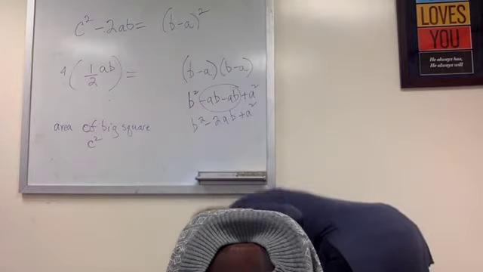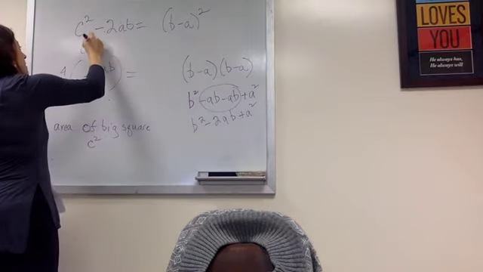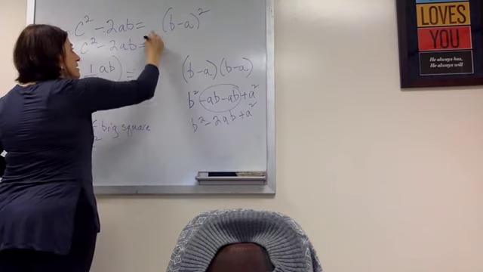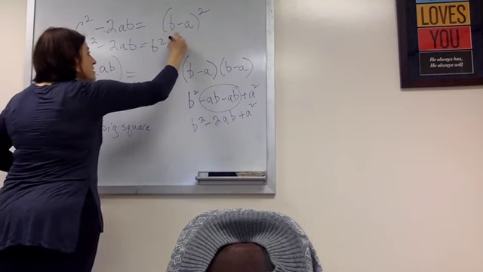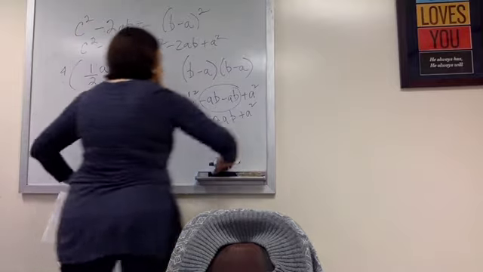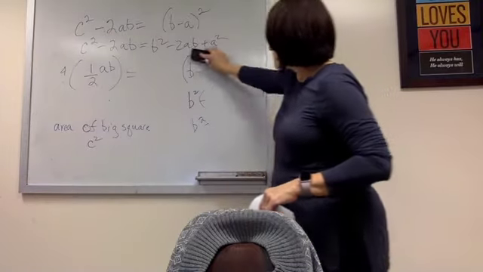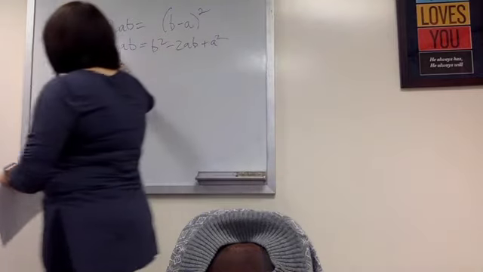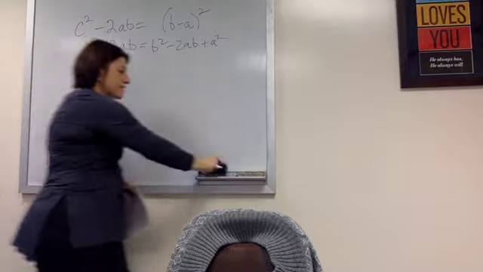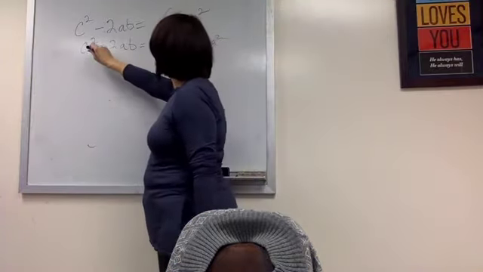All right, so here it is. C squared minus 2AB equals B squared minus 2AB plus A squared. You guys notice anything about what we can do next? Combine like terms. What do they have in common?